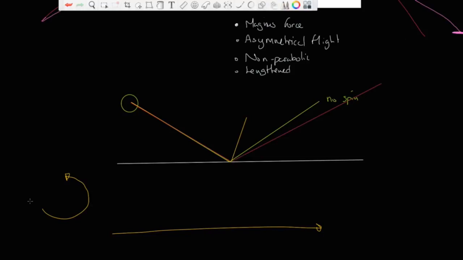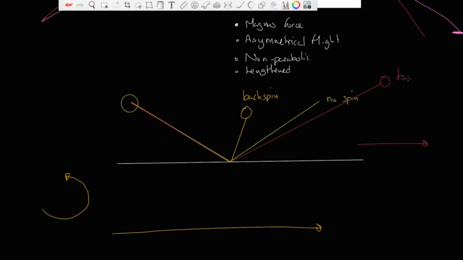So our backspin would bounce and shorten, which is why it's often used for things like drop shots in tennis and table tennis, for example. And the topspin is going to kick and push the opponent further back out of the court.